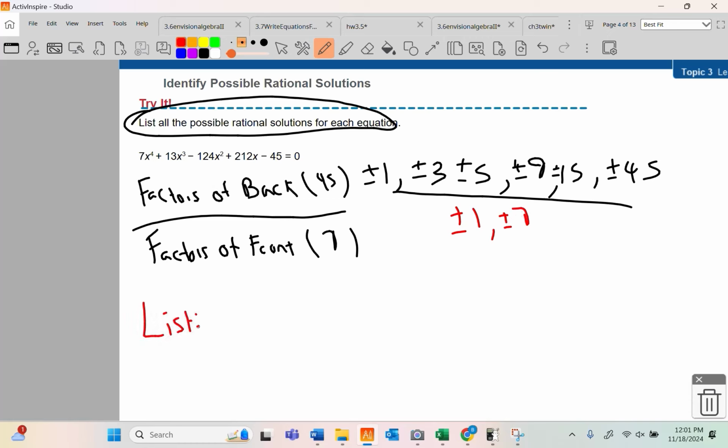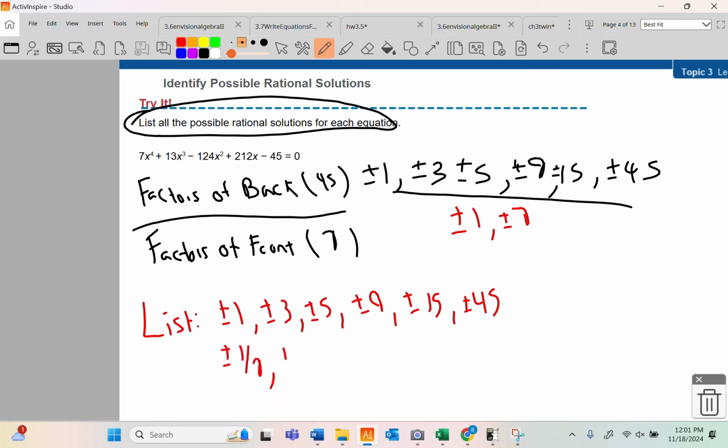First off, you take everything you have and you divide it by what? 1. It's this sitting over this or this. If you divide everything you have by 1, you get the same thing back. Then you divide it by 7.